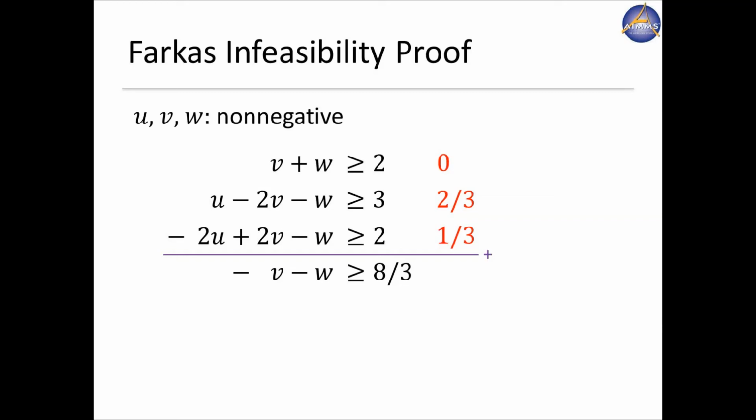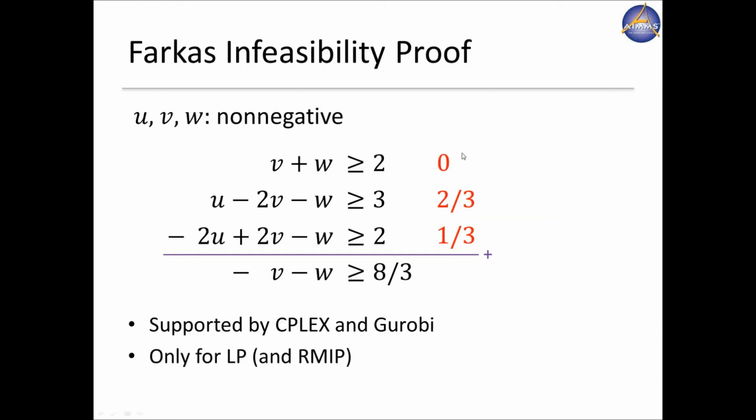What we have used here is, more or less, the famous Farkas lemma. And the coefficients, the red coefficients over here, which I will call the Farkas coefficients for ease of use, are the coefficients that a solver like CPLEX or Gurobi can calculate and return to you.